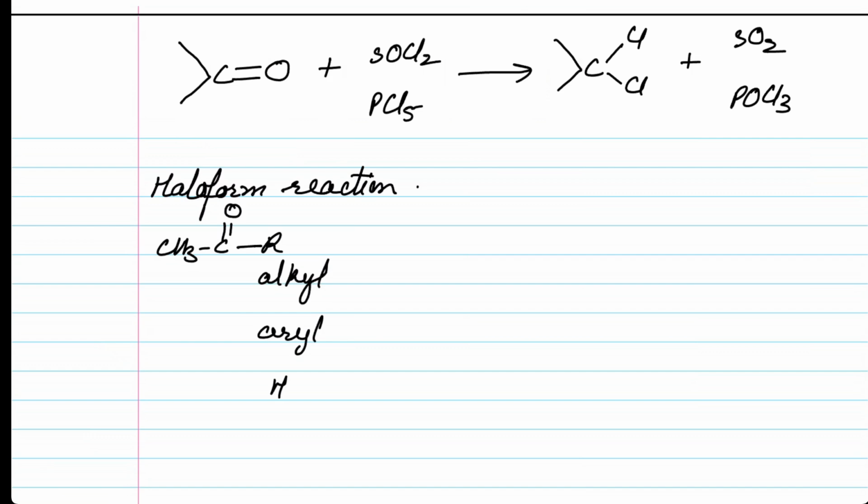If it's an alkyl group, it's a normal ketone. If it's an aryl group, it's an aromatic ketone. But if it is hydrogen, it actually turns out to be aldehyde, and that is acetaldehyde. So acetaldehyde is the only aldehyde which is capable of giving the haloform reaction. This is the reaction of the carbonyl compound which contains three alpha hydrogens on the same carbon.